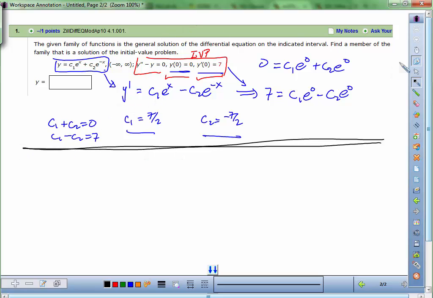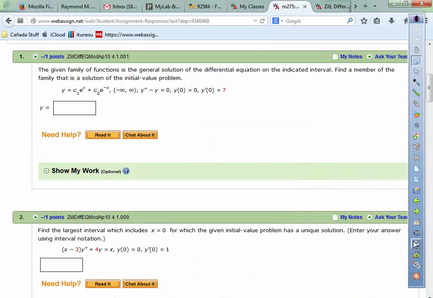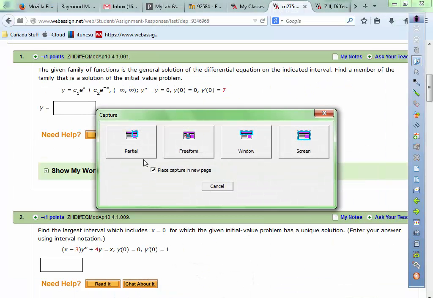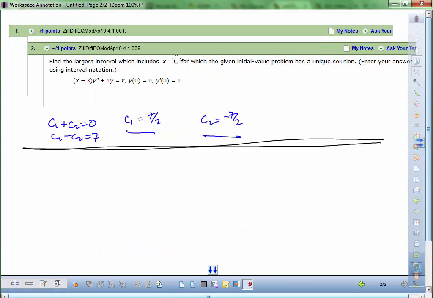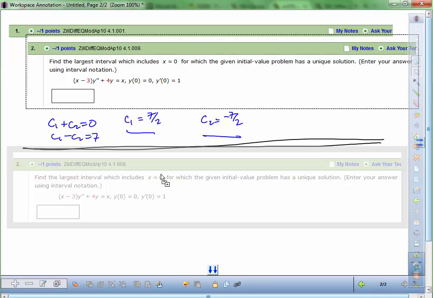Let's take a look at the next problem. The next problem addresses the existence and uniqueness theorem a little bit more directly. And the existence and uniqueness theorem is kind of based on a particular interval that contains your initial point.